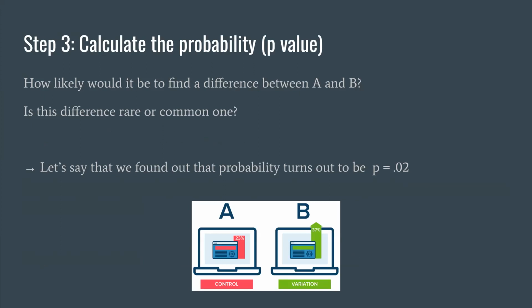This would be the probability of finding a difference between A and B. We want to tell whether this difference is rare or common, and say the probability turned out to be 0.02.